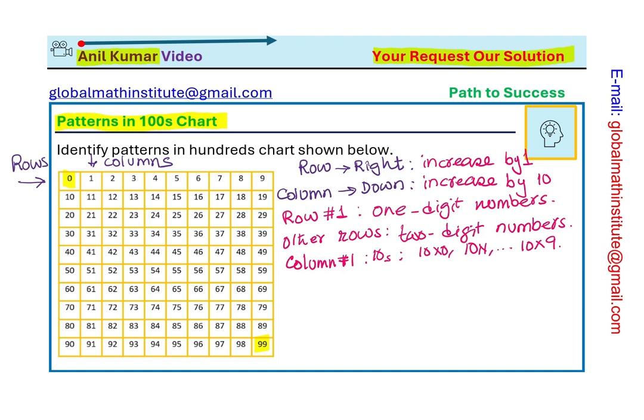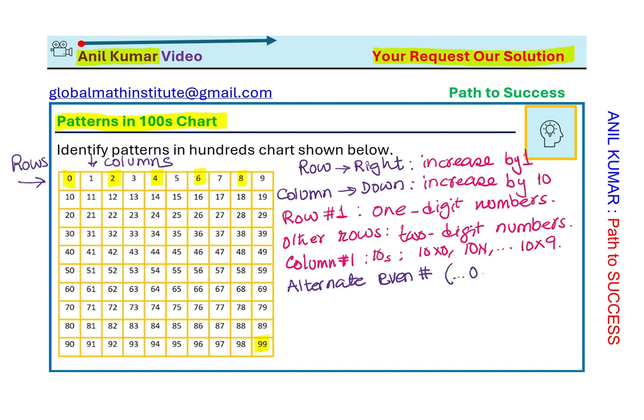Now, let's look into the diagonals. You can always go to skip counting. So if I skip, in that case, you can see we get alternate even numbers. So let's use a different ink. We say alternate even numbers. Numbers ending with even digits means they end with 0, 2, 4, 6, or 8.